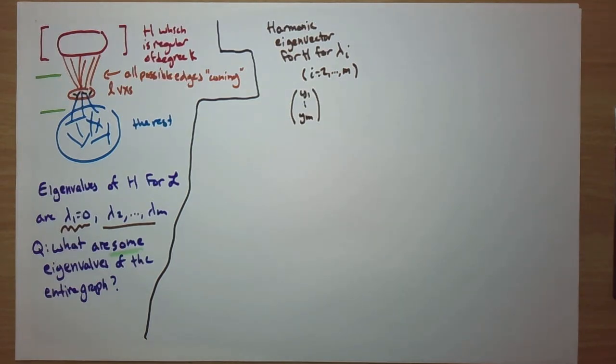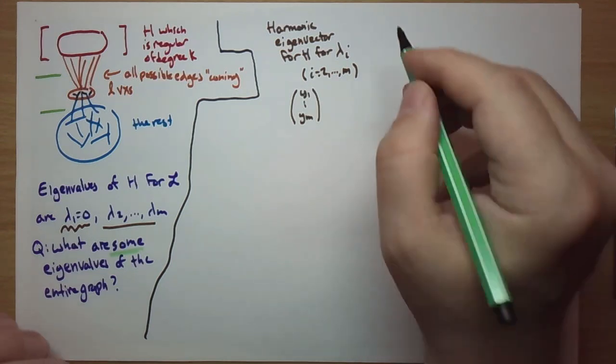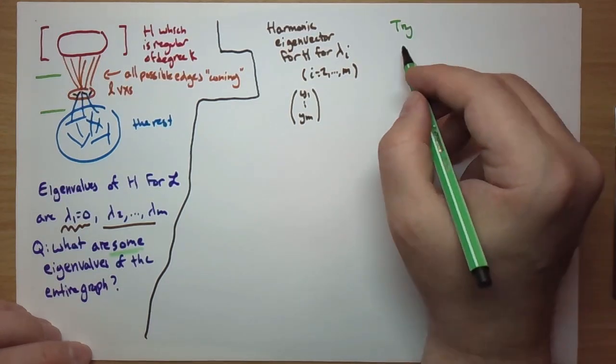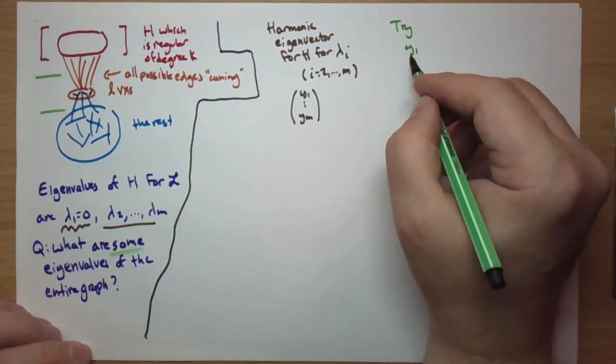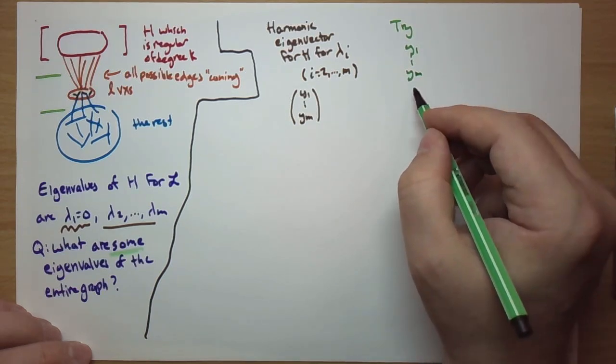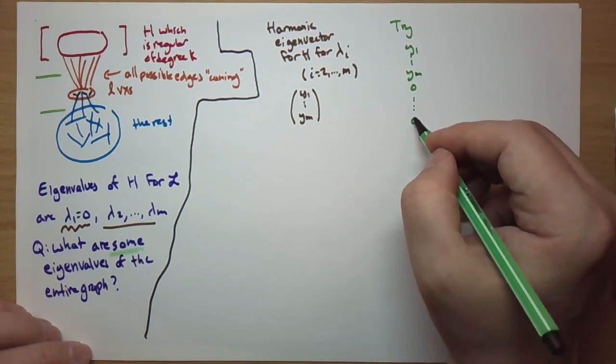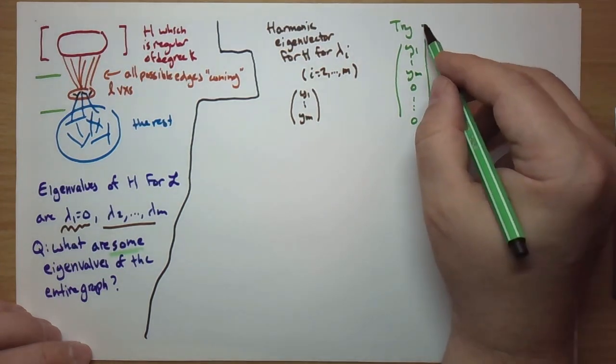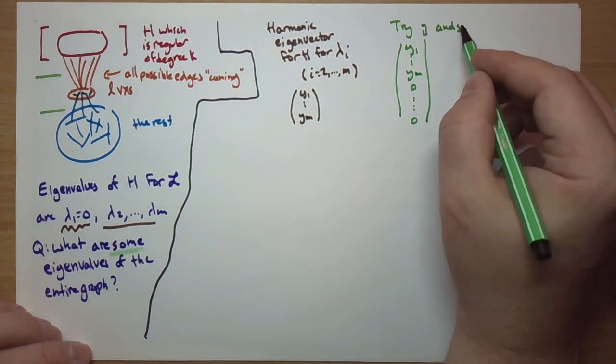And so now we say, well, maybe this works for the whole graph. So let's try. What are we going to call it? Well, we'll call it y1 down to ym, and the rest of it will be 0. And see if it works.